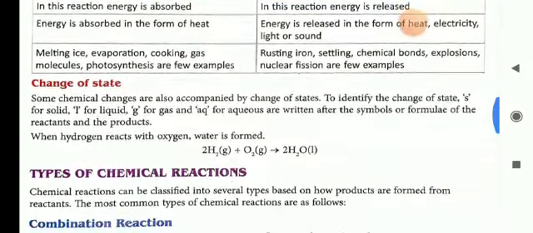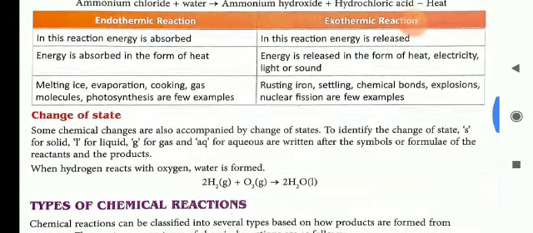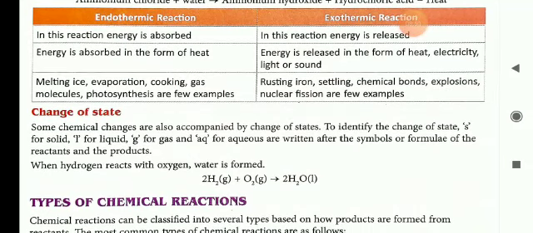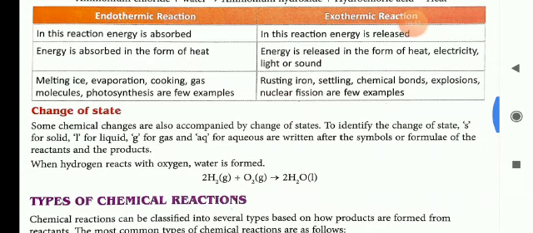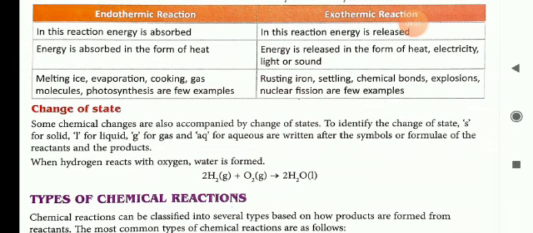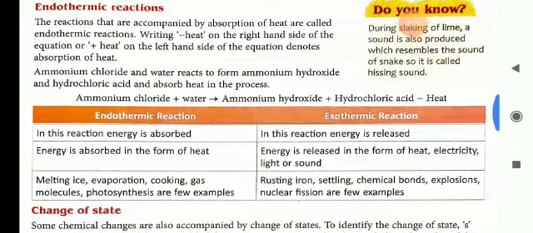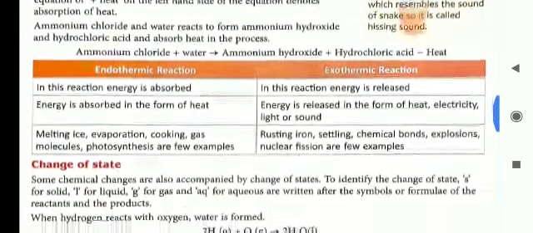And third, examples of endothermic reaction: melting ice, evaporation, cooking, photosynthesis, all these are endothermic reactions where the absorption of heat takes place.